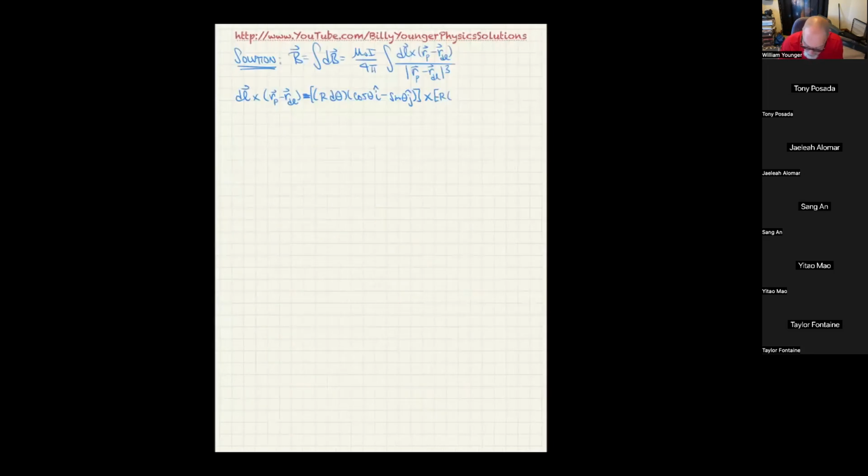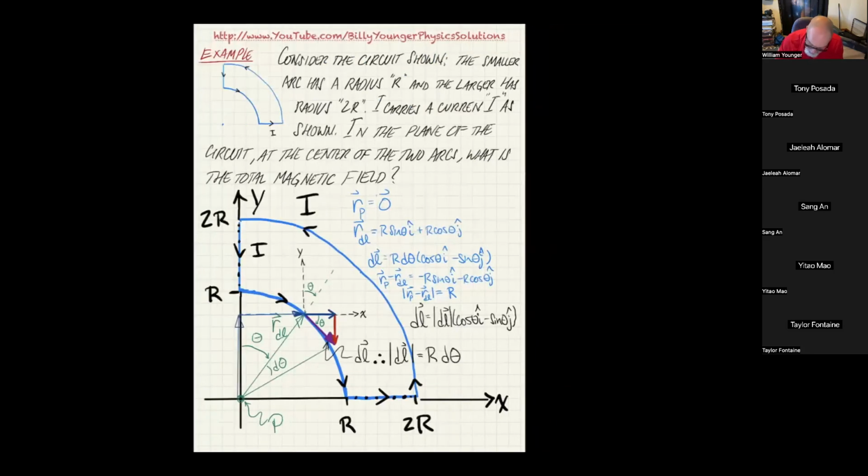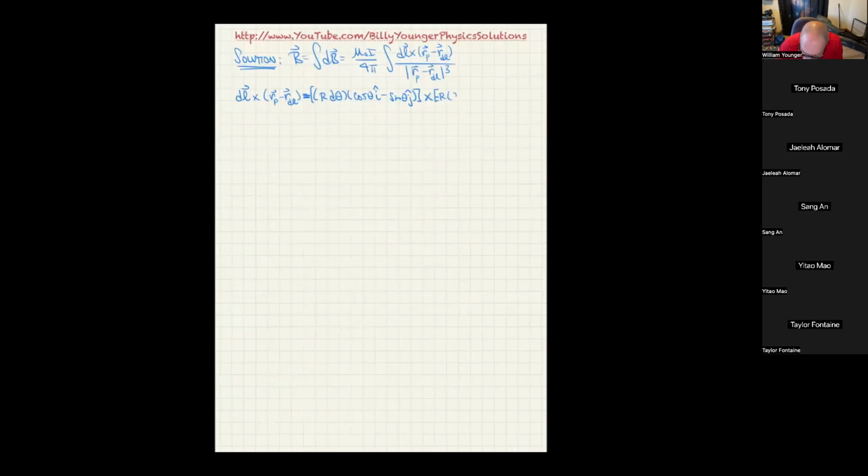So negative R, and then instead of that, now I just have sine theta i hat plus cosine theta j hat. Okay. So the fact that the cross product, like the dot product, happens to be an actual linear operator tells us that we can pull all the non-vector stuff out in front of the vectors and do the math accordingly.